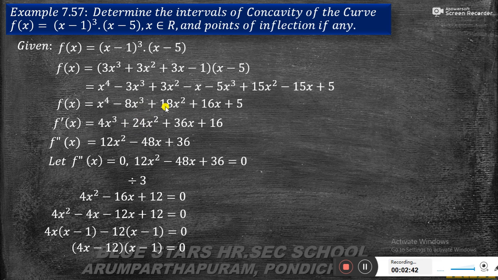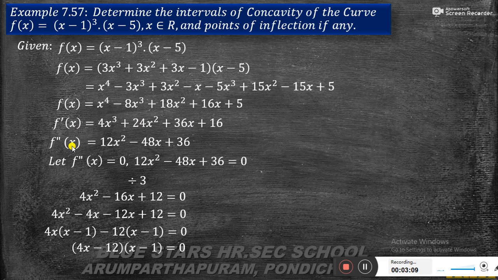Next plus 18 into differentiation of x square, which is 2x, so plus 36x. Next minus 16. Therefore f dash of x equal to 4x cube minus 24x square plus 36x minus 16. This is f dash of x.